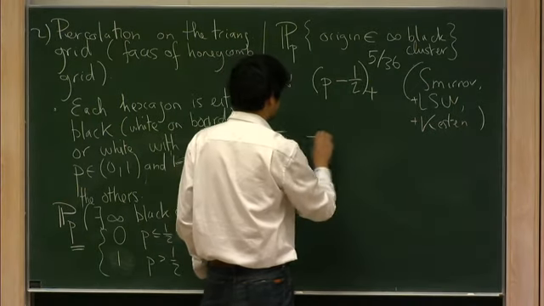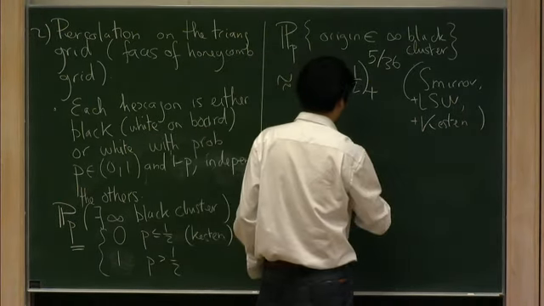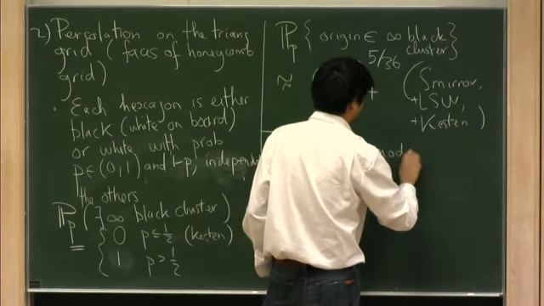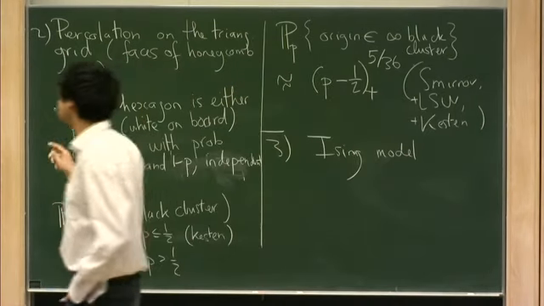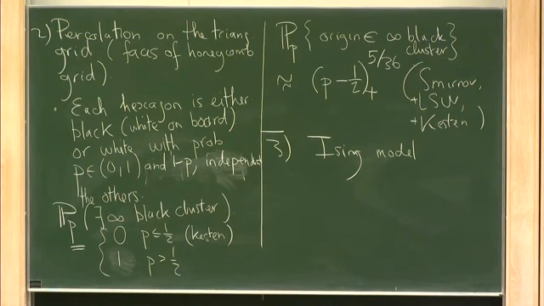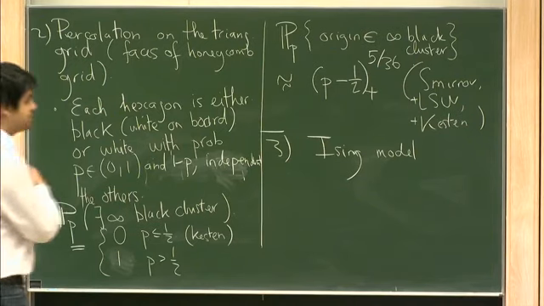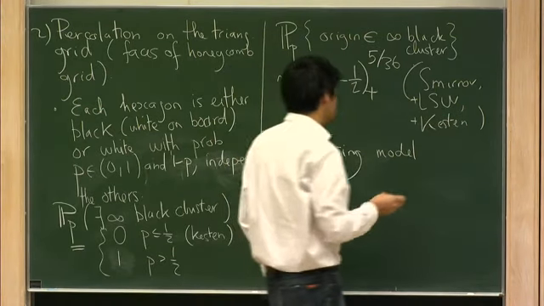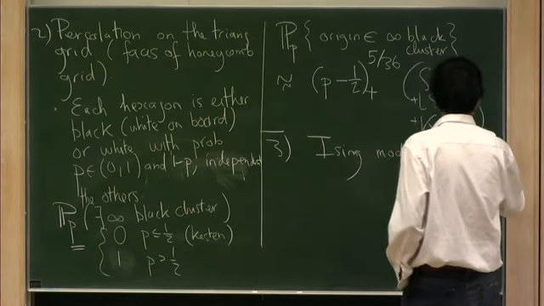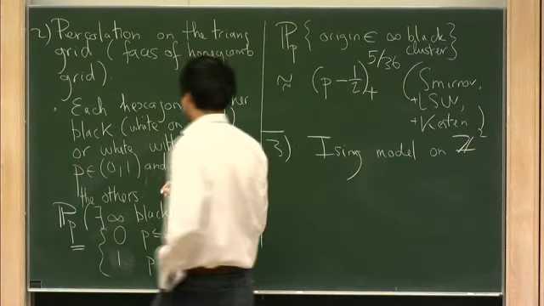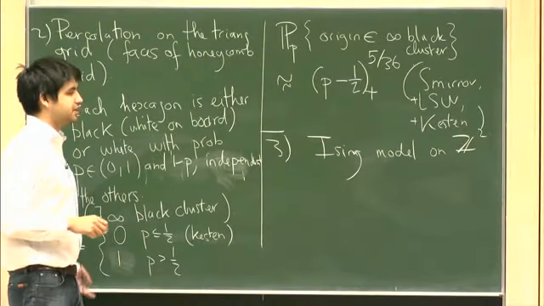Third model, Ising model. So again, for each of these models, I choose a lattice. Well, the goal is to alternate between square and hexagon. You can consider all these models on the other lattice. Sometimes you cannot prove the results, but you can certainly always consider the models on essentially any reasonable lattice. So, Ising model. What is the Ising model? So that's a bit harder to define.